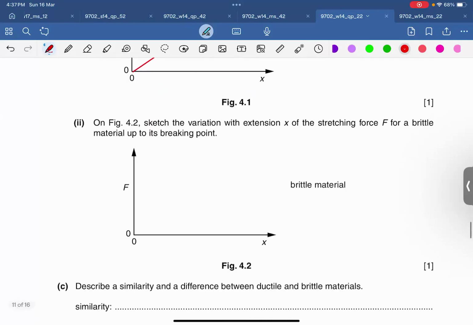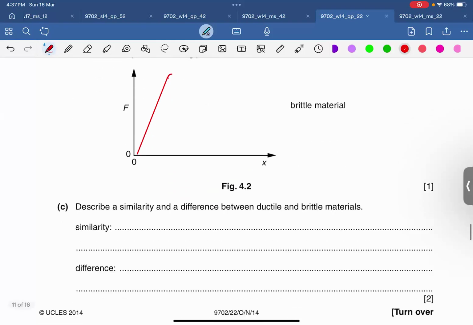While for the case of brittle, ये curve बहुत ज़्यादा हो गया. So this is what the brittle graph looks like.